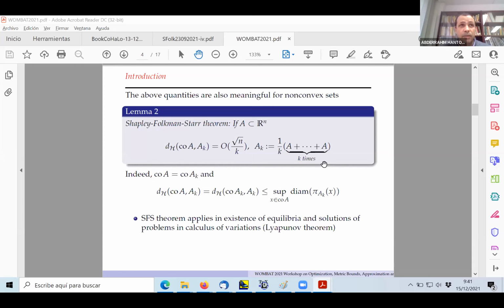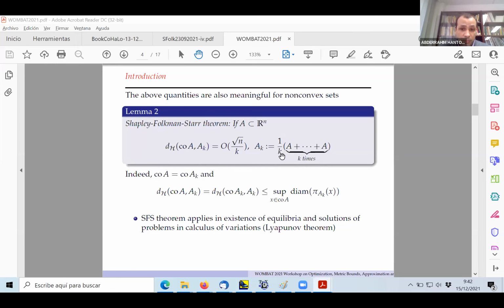This result may be useful in computation, but it can also be used for other theoretical results. Let us recall, for instance, the Shapley-Folkman-Starr theorem, which says the following: if you have any set A in Rn, and each time you consider the set AK, which is the k-times sum of the set A divided by k.